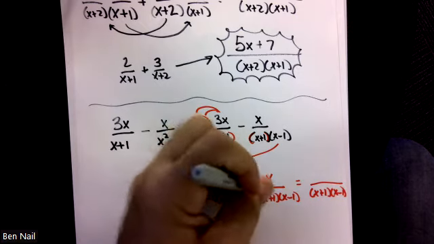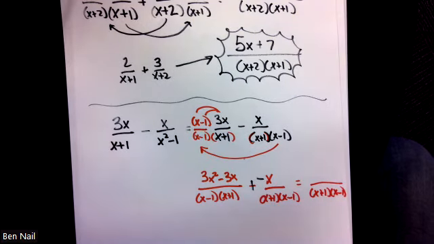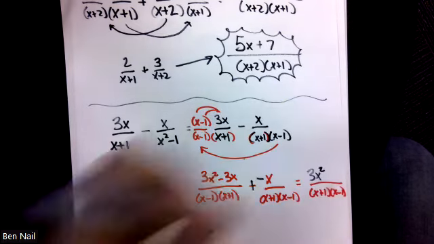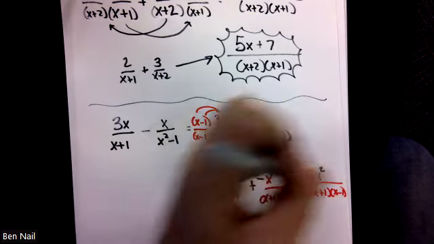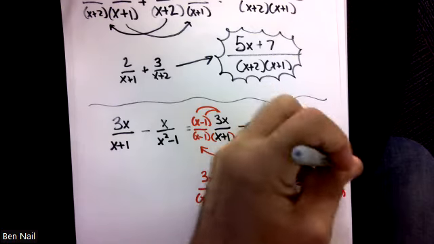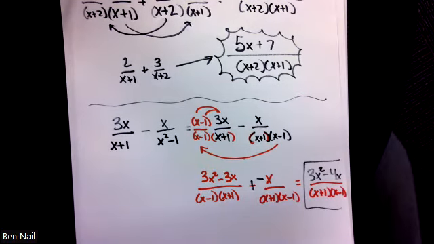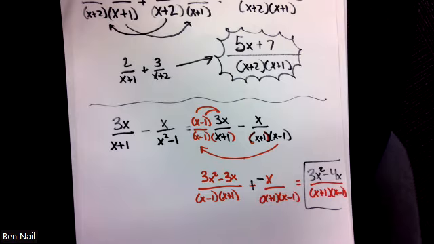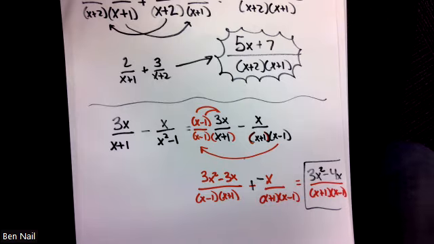Again, subtraction is adding the opposite. 3x squared, no like terms, it stays. Negative 3x plus negative 3x is a negative 4x. That is your completed simplified sum or difference.